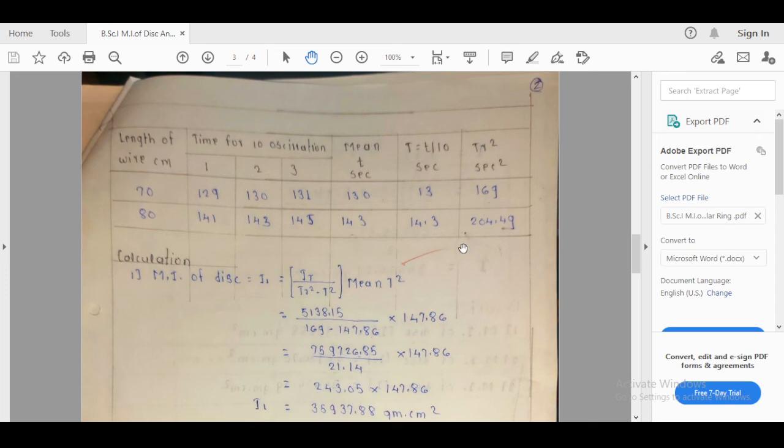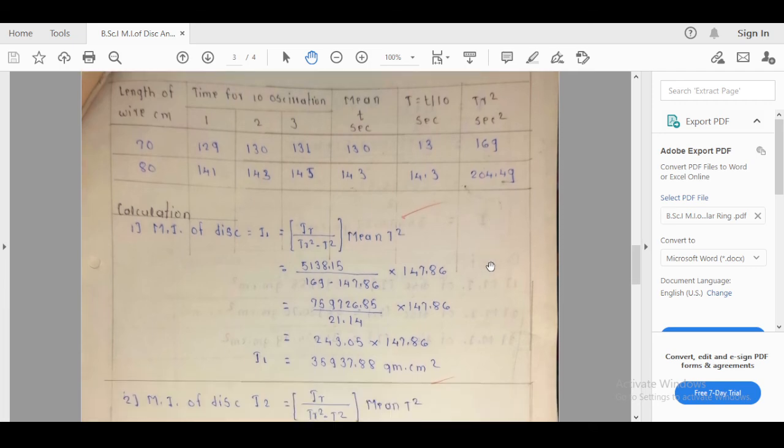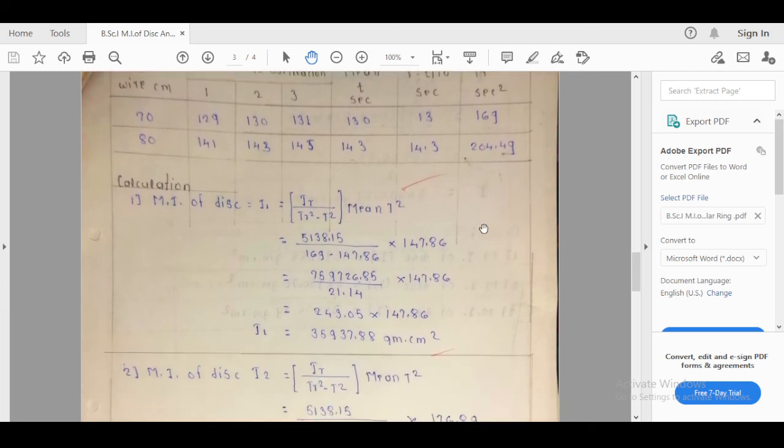As we have calculated these two time periods for two different lengths, we use the formula and make two different calculations for two different lengths. Now for the first length, moment of inertia I1 equals IR upon TR square minus T square, into mean T square. Now it is 5138, that is the moment of inertia of the ring as we calculated in the observations.